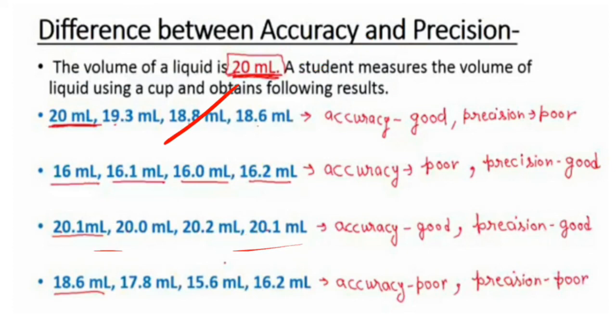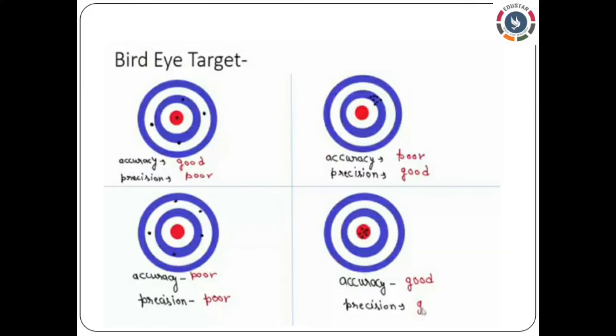That's all, students. Another example is the bullseye target. Look at the target. In the first one, the 5 bullets are mostly far from the center, but one bullet is at the center, so accuracy is good, but the other 4 are very far away, so precision is poor.